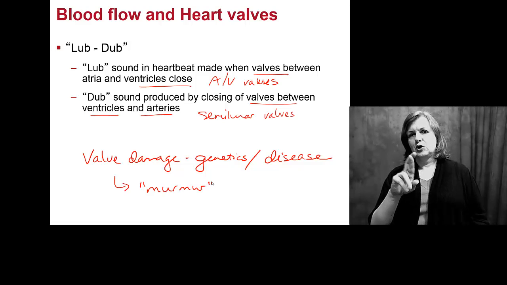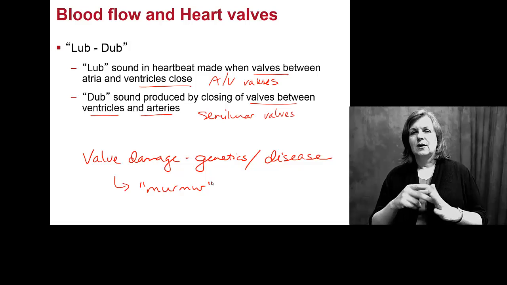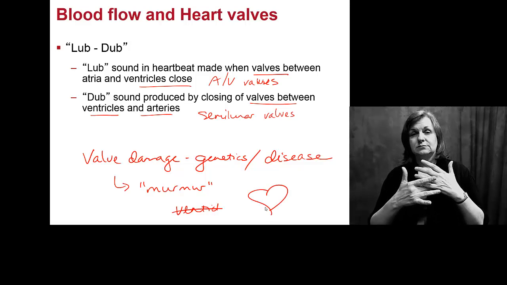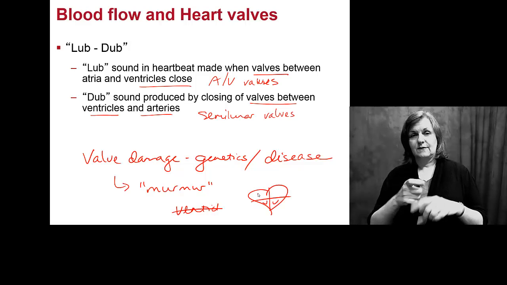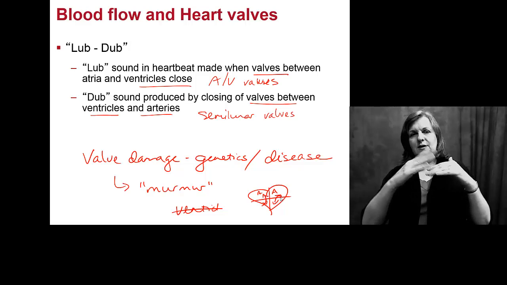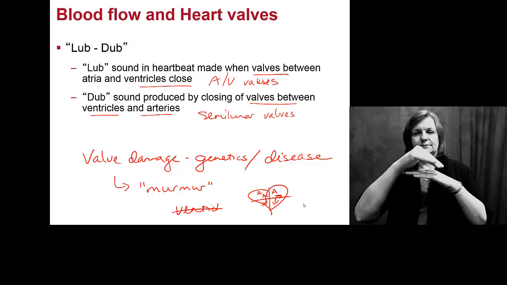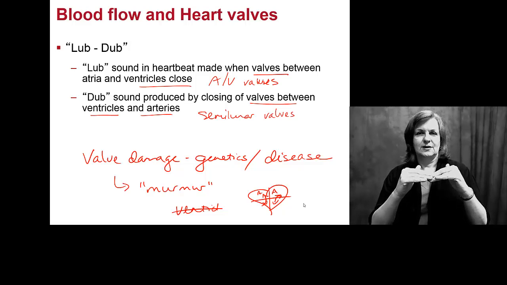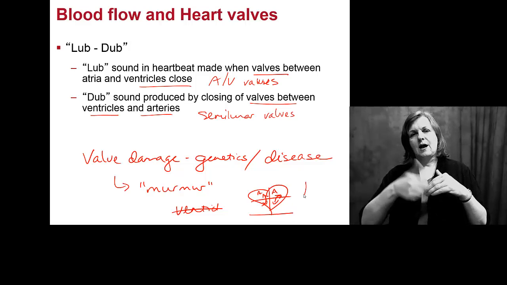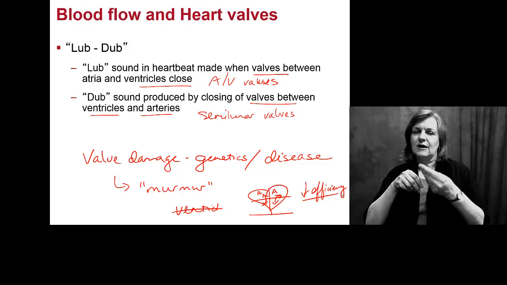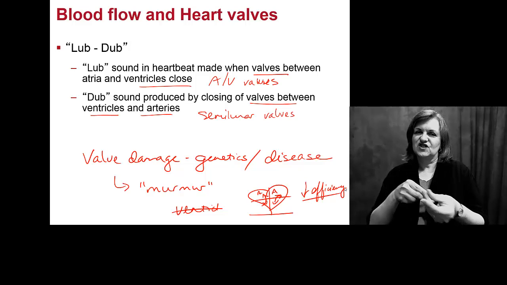And that heart murmur is actually when some of the blood flows from the ventricles back up into the atria, so the valves don't stop that backflow. And the murmur you hear is the fluttering of the valves as the blood moves back into the atria. This decreases, of course, efficiency of blood flow and efficiency of exchange of oxygen and carbon dioxide.